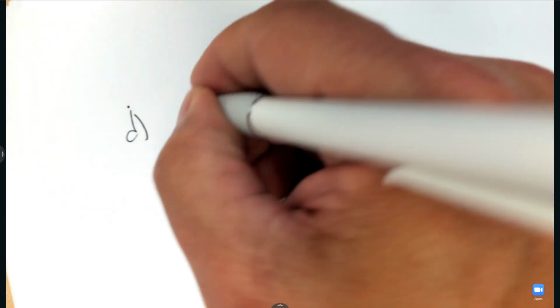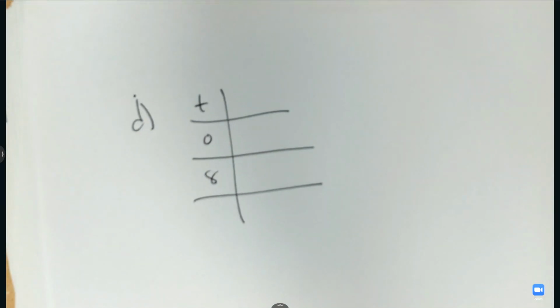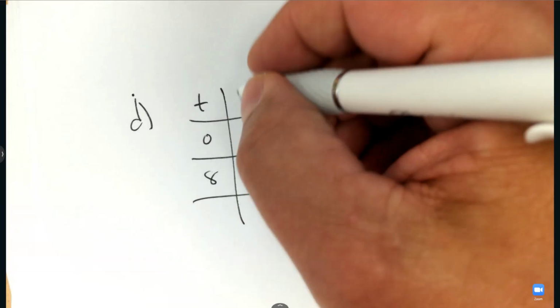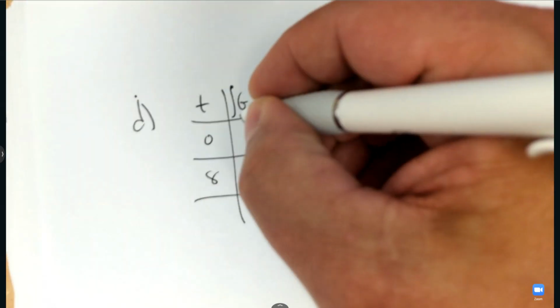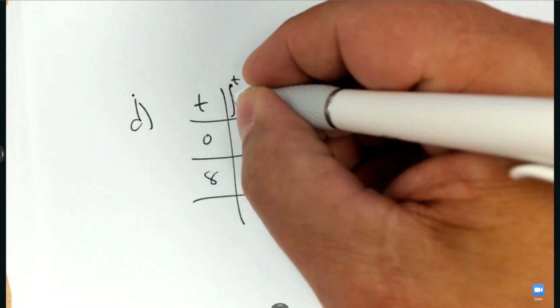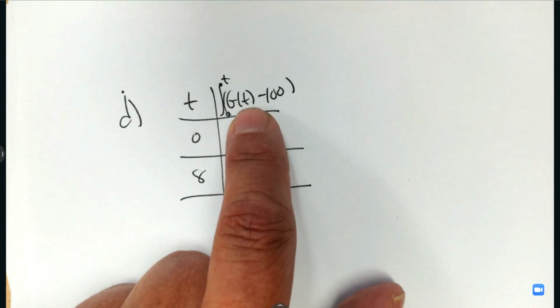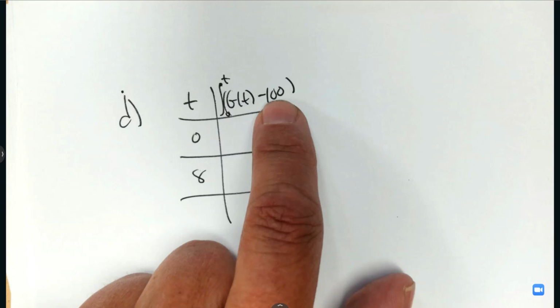So I'm going to do a table of values. T, so the two ends, which are 0 and 8. And then how do I know how much gravel is there? I integrate the rate. So we have rate going in and rate leaving.